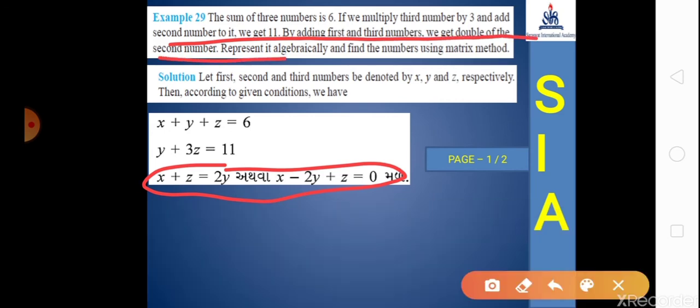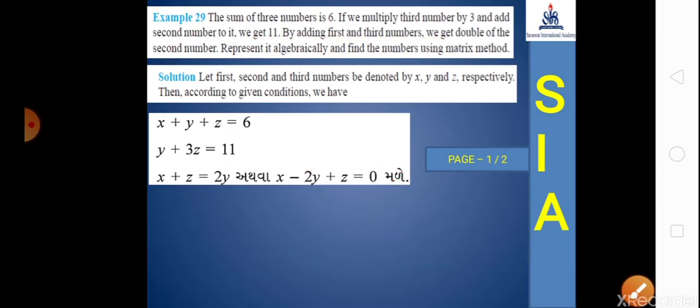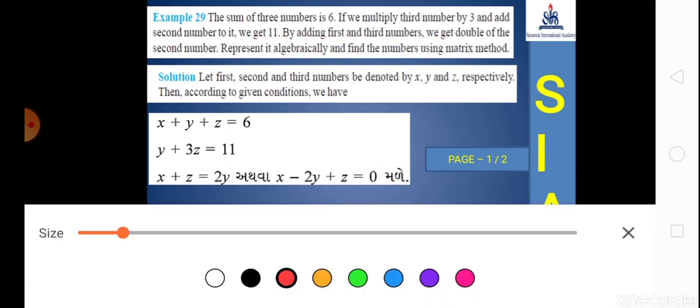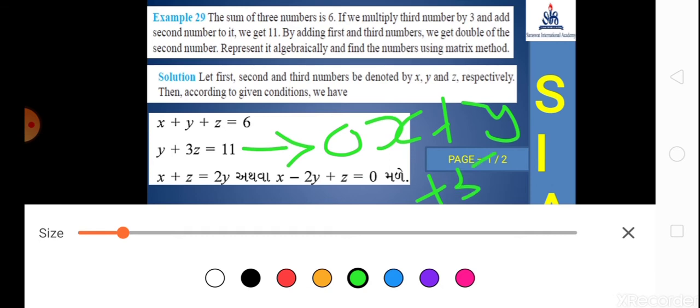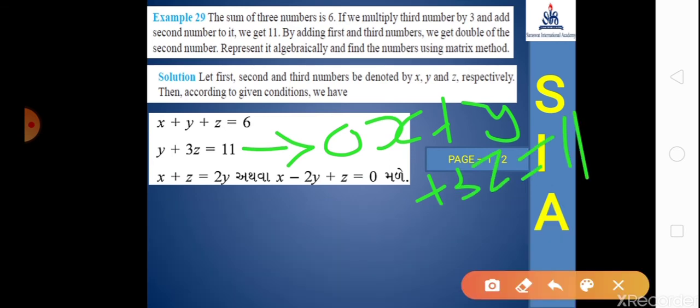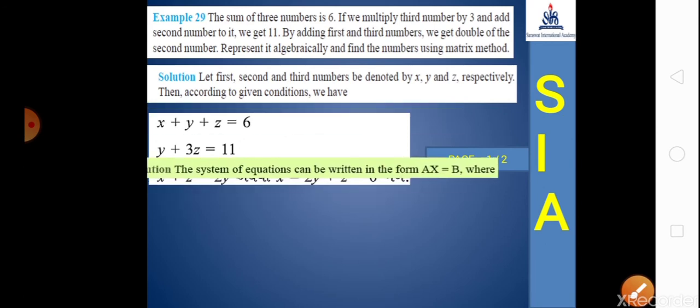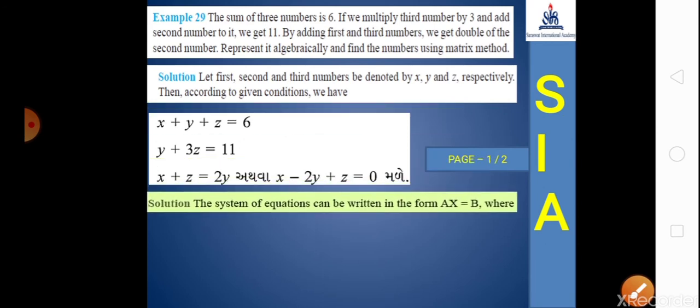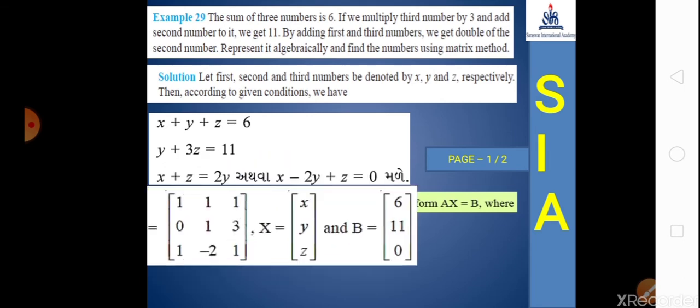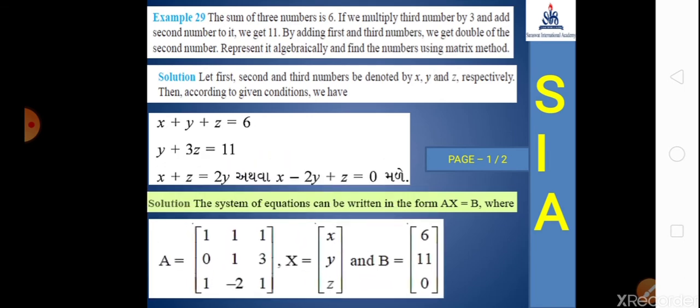Yes students, this sum is important because here one term is missing. If you read these equations properly, look, in this equation a term is missing. So I will mention it as 0x plus y plus 3z is equal to 11 and convert into the previous form Ax is equal to B. Yes, A: first row 1 1 1, second row 0 1 3.